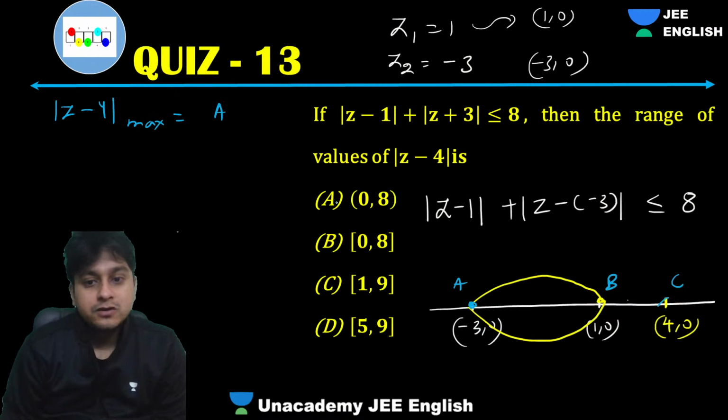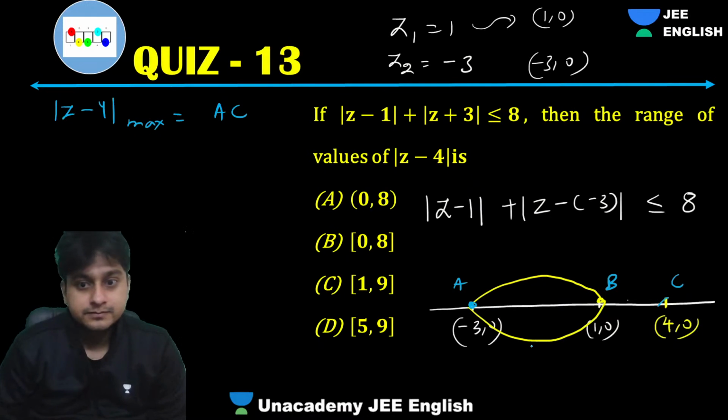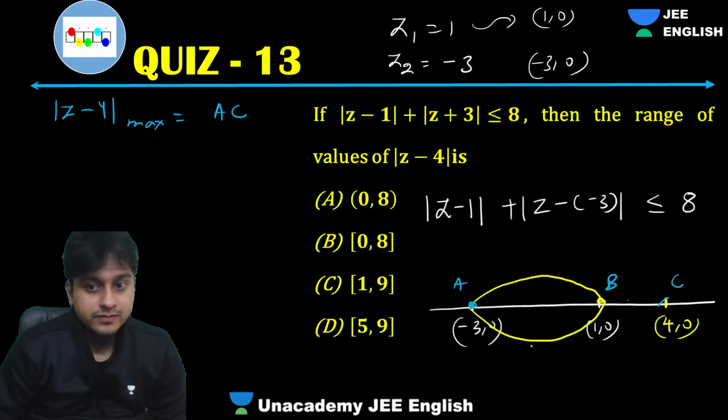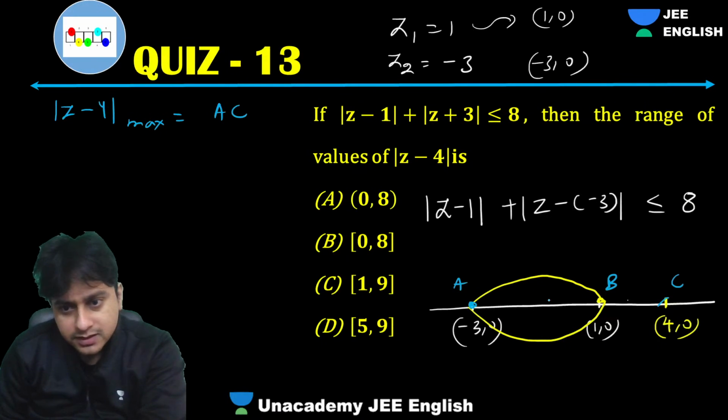AC. What is AC? Pretty much evident, right guys? What is it? Tell me. We can see over here what is this value between this? 2a, right?